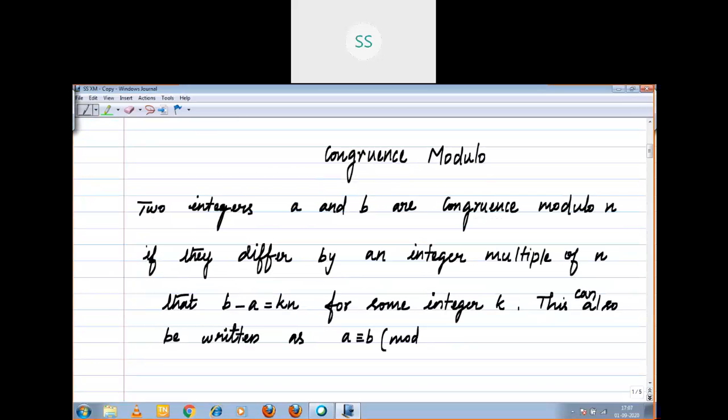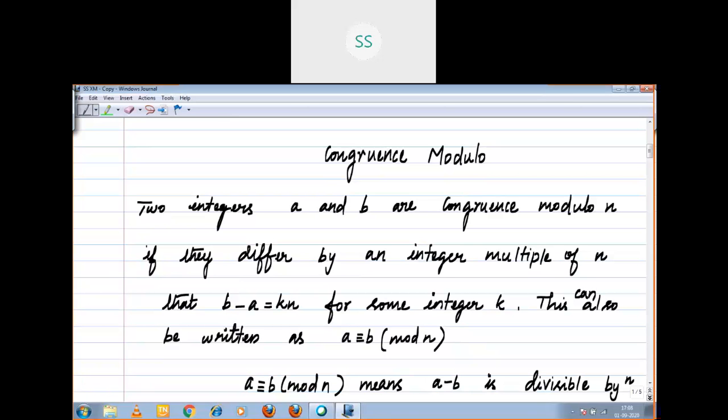Mod n means, a congruent to b mod n, you can say a minus b is divisible by n. That is also possible, right? It means a minus b is divisible by n. Got it children?